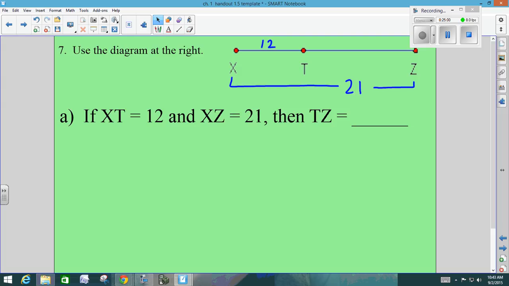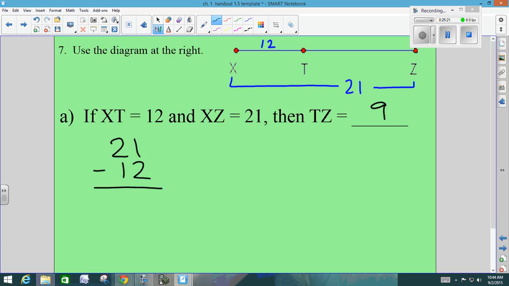Should we add these values together, multiply them, divide them, subtract them? Subtract them, right? Yeah, we have to subtract these. Should I take 12 from 21 or 21 from 12? Oh, 12 from 21. 21 minus 12 gives us what? 9. TZ equals 9.